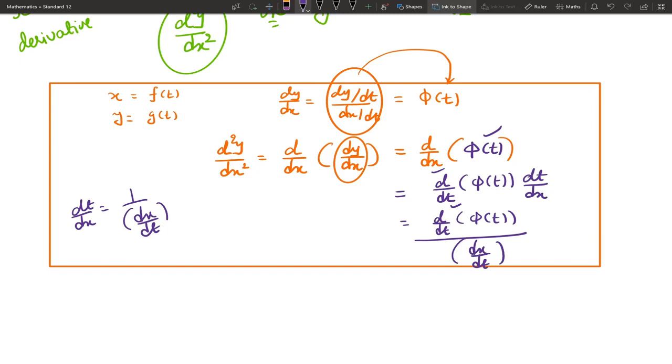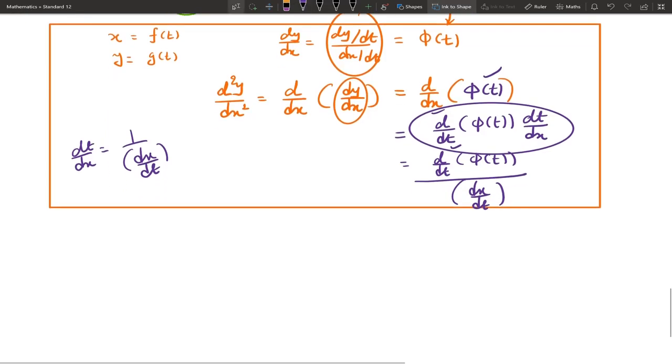So in the case of the second order derivative for parametric functions, first you find dy by dx, and if the parameter is t, you first differentiate with respect to t, then take the derivative of t with respect to x. But if the parameter is theta, suppose x is a function of theta and y is a function of theta, then dy by dx will be some function of theta.